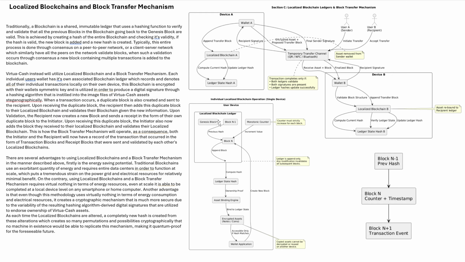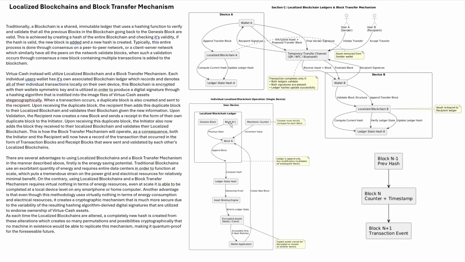So this is just showing how the blockchain works here. So we have the monotonic counter, of course. It can only go up, it doesn't go down. So we have block n and block n minus 1. So the way that a blockchain works is that if I have block n, then I also take block n minus 1, which is the one before n, and I take both of those hashes and I hash every block before I go back, block n minus 2, block n minus 3, back to the genesis block, and I create hashes for each one of those, and I check to see that each hash with block n and block n minus 1 are valid.